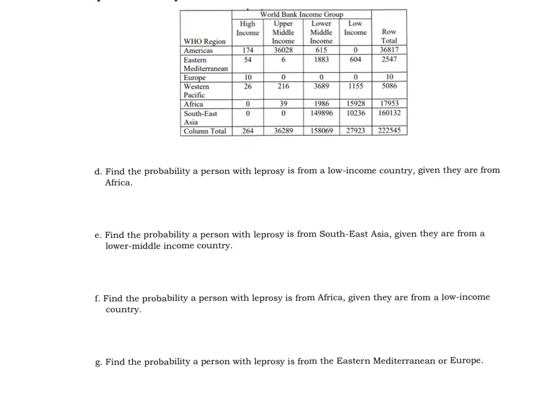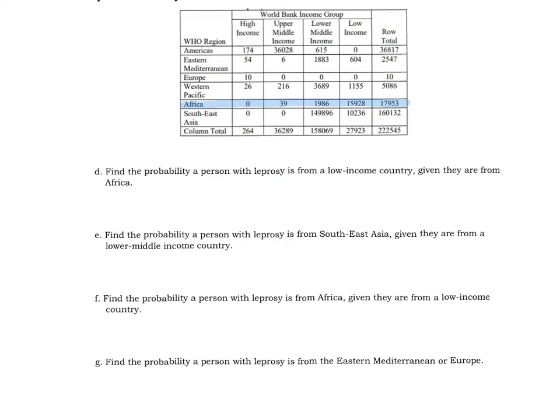The probability someone with leprosy is from a low income country given they are from Africa. Okay, given they are from Africa. So this is one of the first times we've seen this. So we know the person falls in that highlighted row of the table. Forget about everybody else.